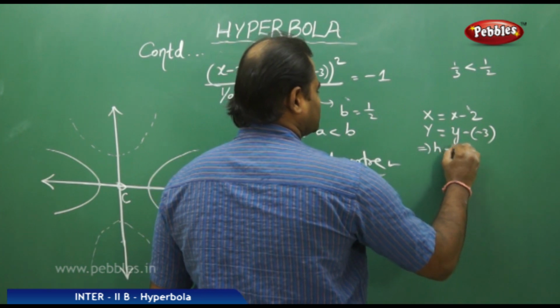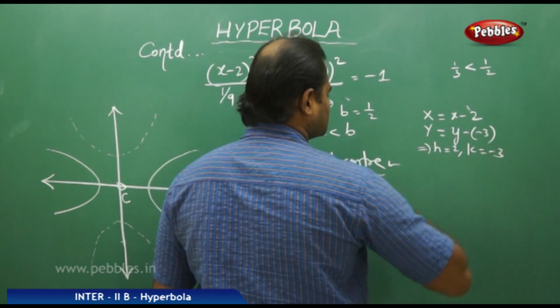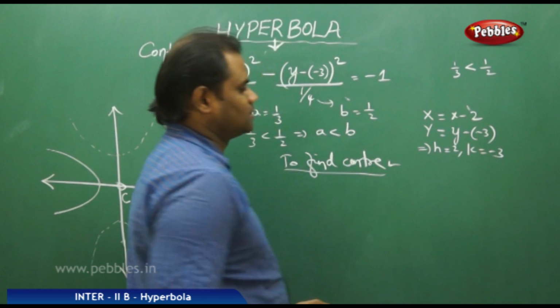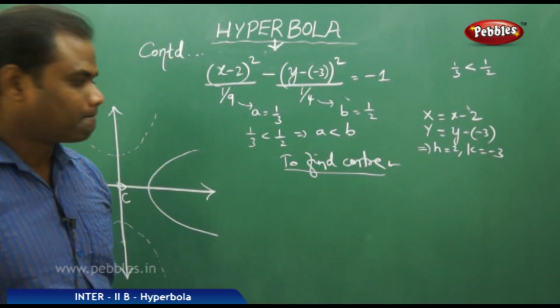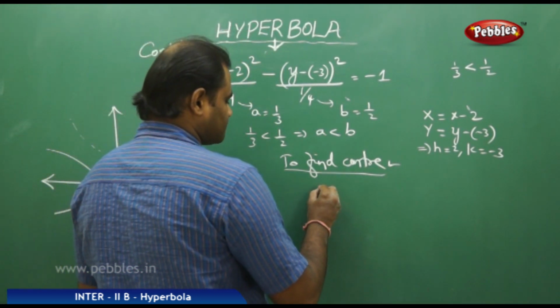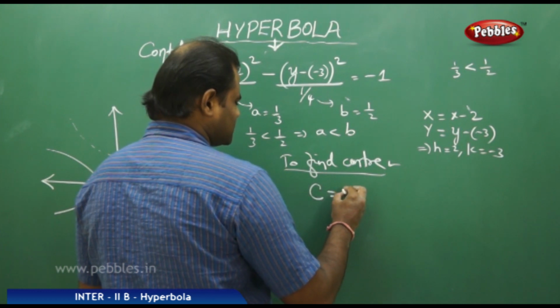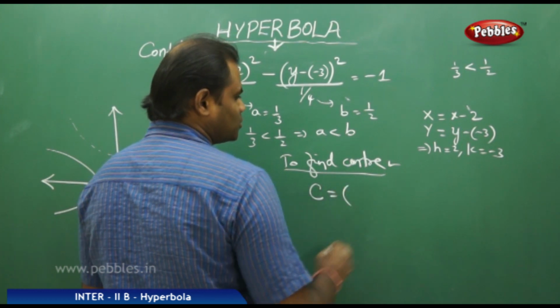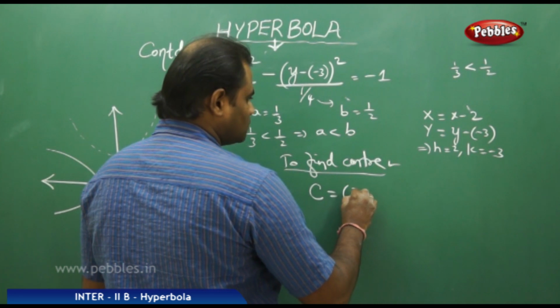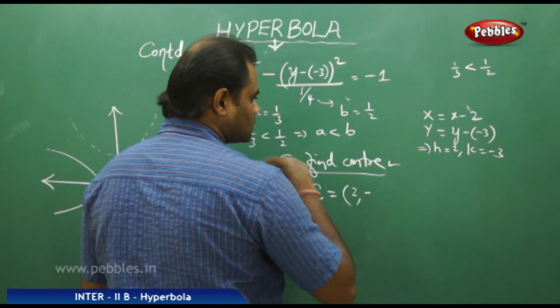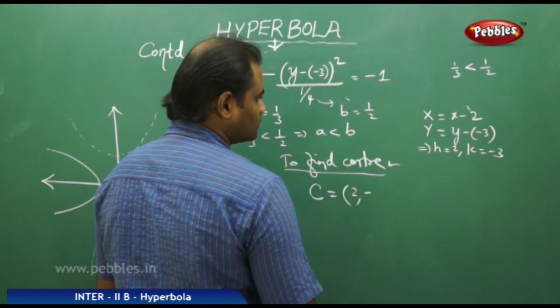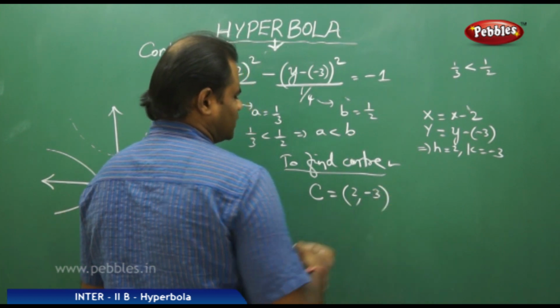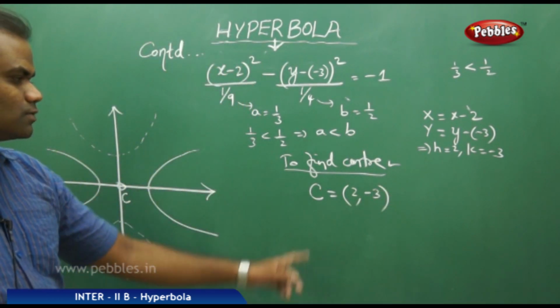That implies h is 2 and k is minus 3. So using the values of h and k to find the center, the center is (h, k).